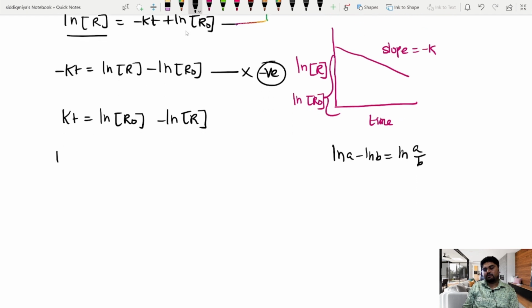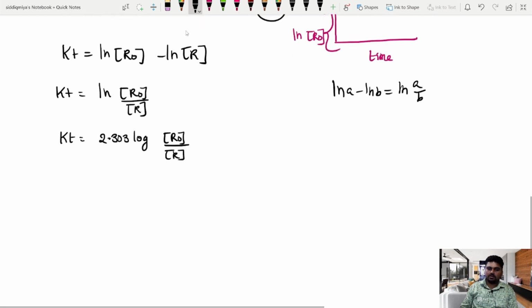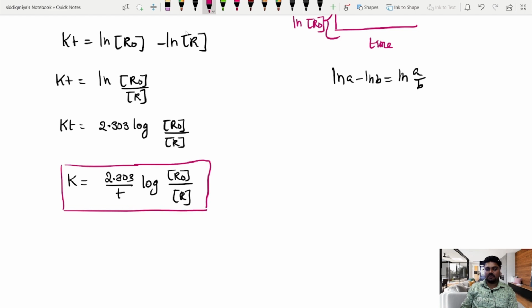So we can write kt is equal to ln R naught by R. Converting ln into log, dear students, you will get 2.303 log R naught by R. So from this one, k is equal to 2.303 by t log R naught by R. This is the formula for the first order rate constant.